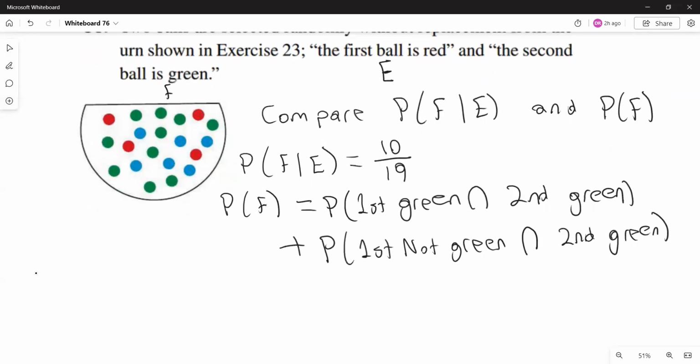Remember, conditional probability says that the probability of G and H is the probability of G times the probability of H given G. The order is not that important.